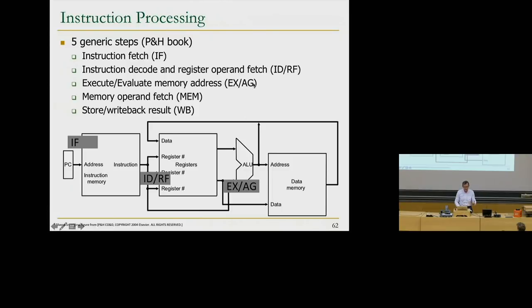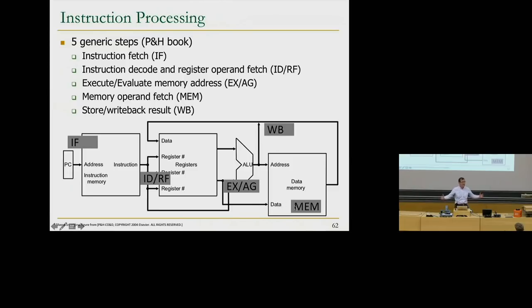We'll call this the execute AG part of the data path. And then once you have the address, you may actually use that to fetch an operand from data memory. And then you get the value from the data memory and write it back into the register file, assuming this is a load. If it's a store, then this store needs to happen over here.